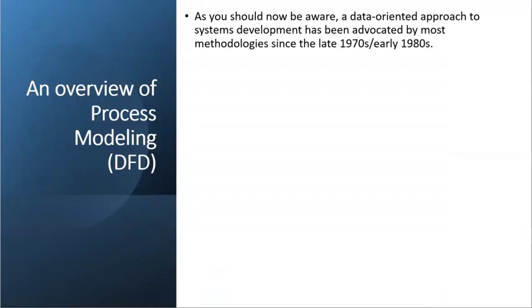So here what we are saying is data alone does not make a system work, right? An organization does not exist just to store data. It exists to perform activities, ladies and gentlemen. And that is why we are now shifting to process modeling.